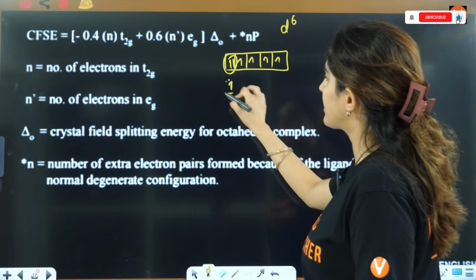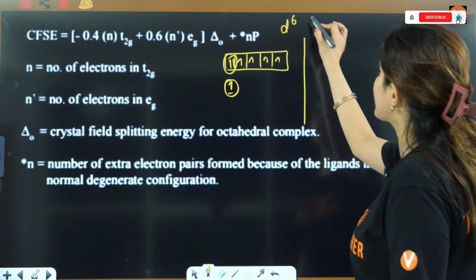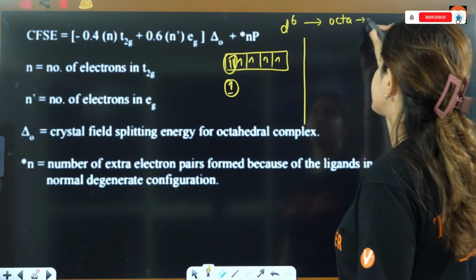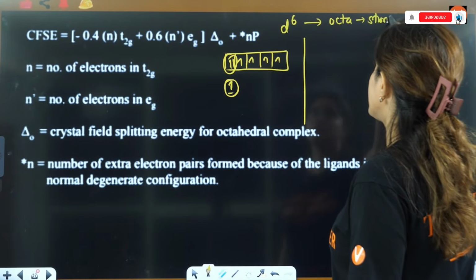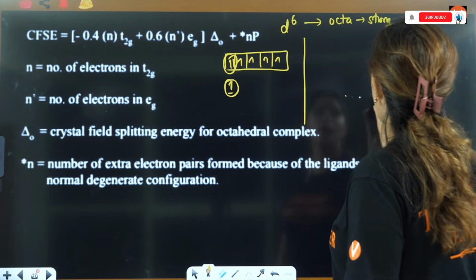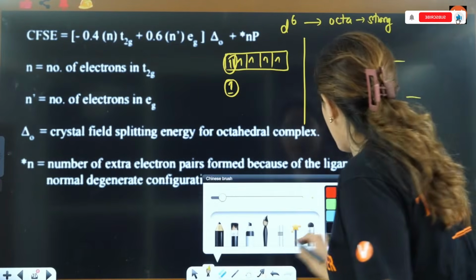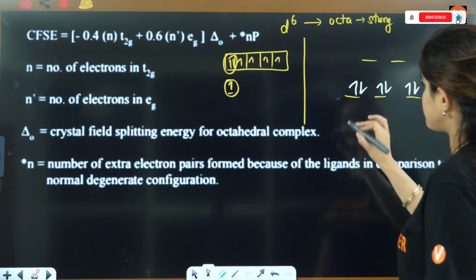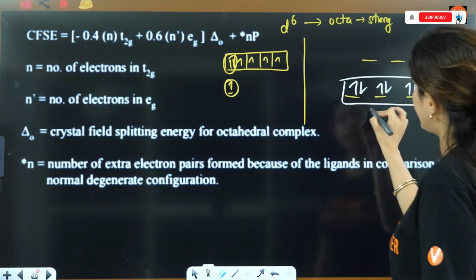One pair is there. But when you say strong, it is octahedral and this is, let's say, strong field, right? Now you have 1, 2, 3, 1, 2 and now here you have 1, 2, 3, 4, 5, 6. Here you have 3 pairs.